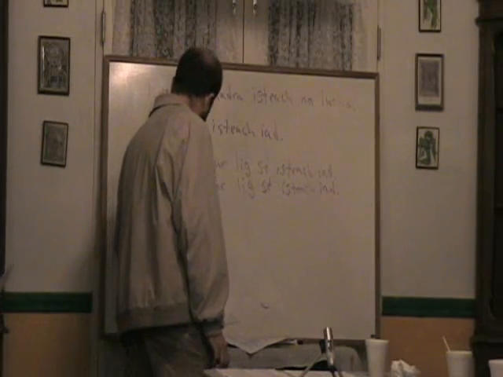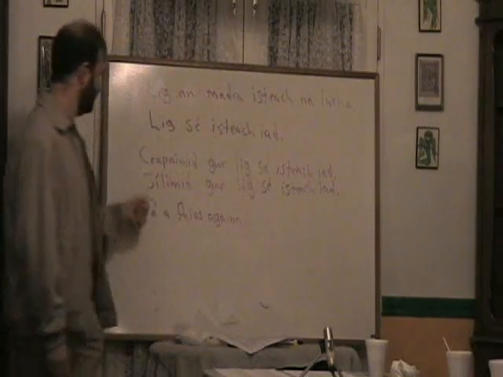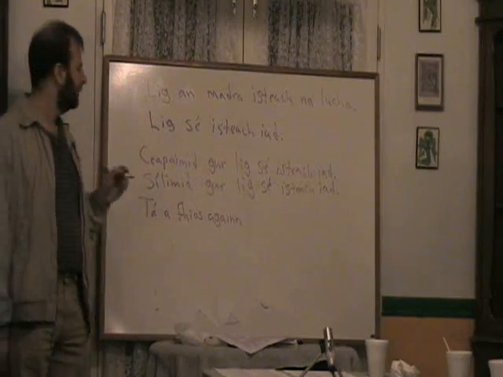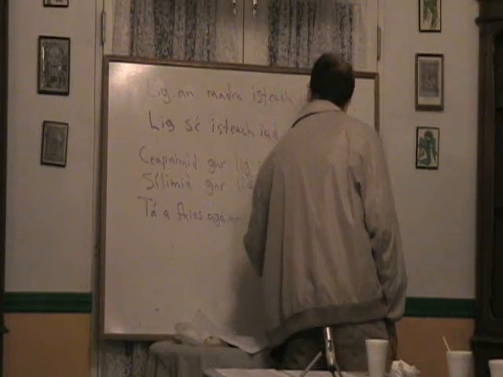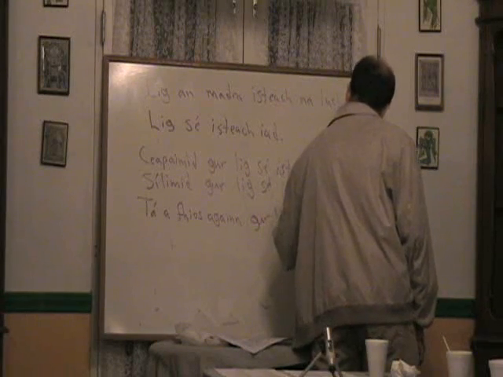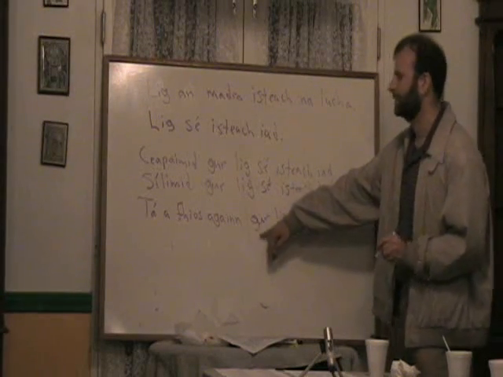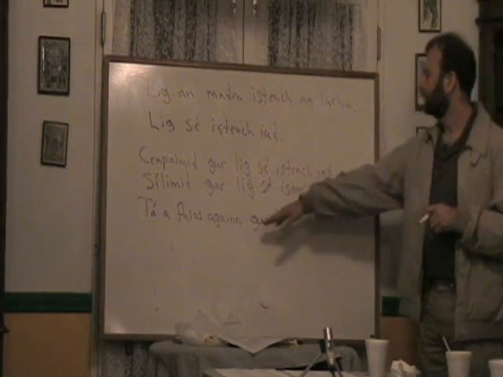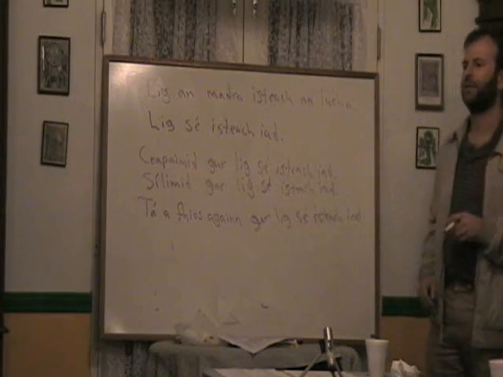Tasagin. Tasagin is we know. So tasagam is I know, tasagin we know. Okay? Tasagin, and then you can put the same thing here. Gur lig she is chachian, that he let them in. So there's several things that take this gur thing on it, or go or gur, depending on what we're doing, okay? So tasagin gur lig she is chachian. We know that he let them in. Okay?